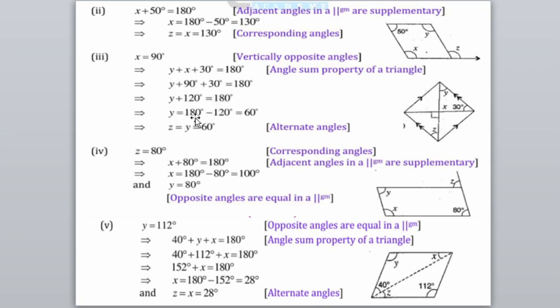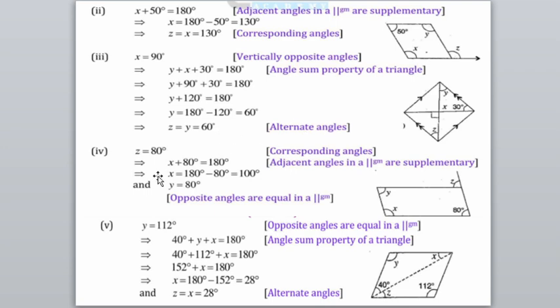Then y equals 180 degree minus 120 degree, which equals 60 degree. So here we got y as 60 degree. Now we want z. So notice in this figure y and z are alternate angles, and alternate angles are always equal. Therefore z equals y equals 60 degree as they are alternate angles.